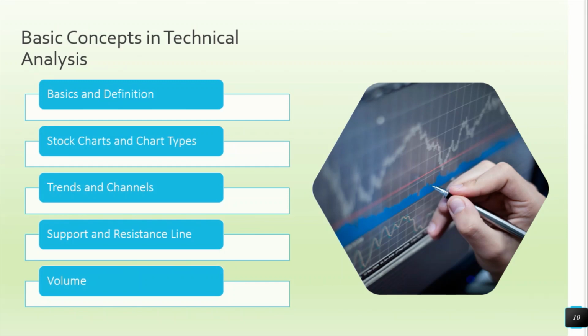So using these support and resistance lines, you would be able to understand when to sell and buy in the market. And then last is the volume. Volume speaks of the trading quantity that has been recorded in a particular trading day.